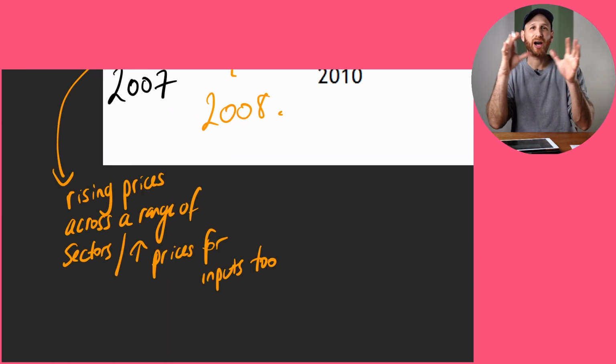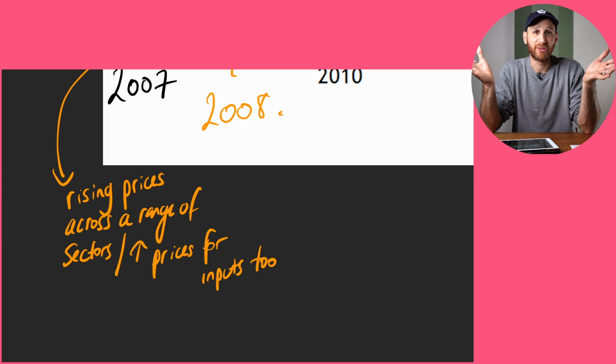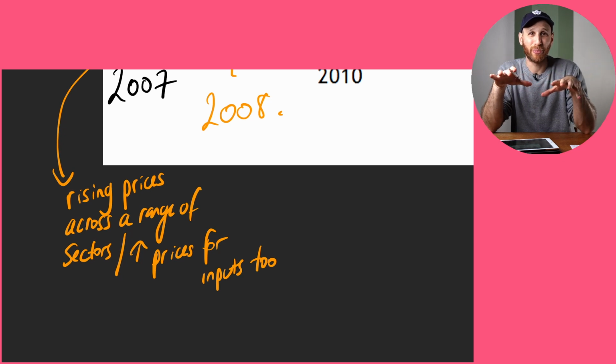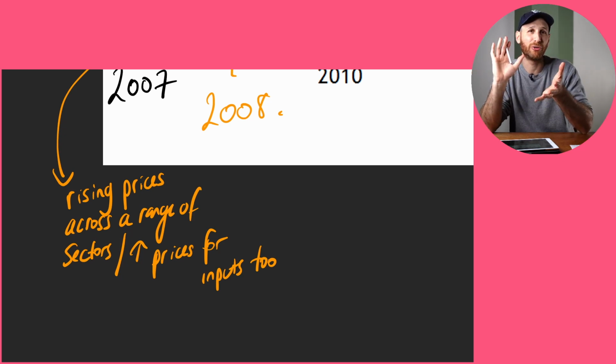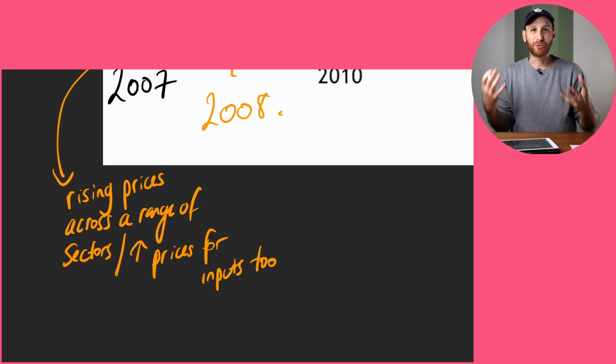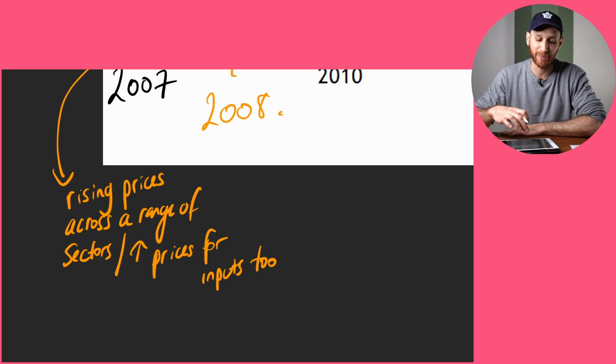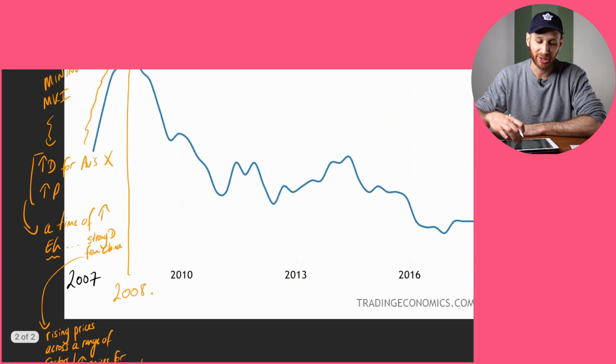So we're seeing rising prices across a range of sectors, and also for inputs for businesses. So this is the cost push inflation side of things as well, because if everyone's growing and they're all competing for those same inputs, that is going to result in higher prices.